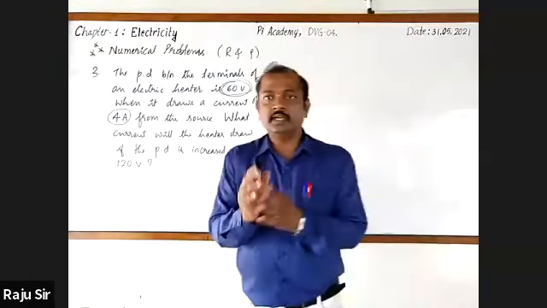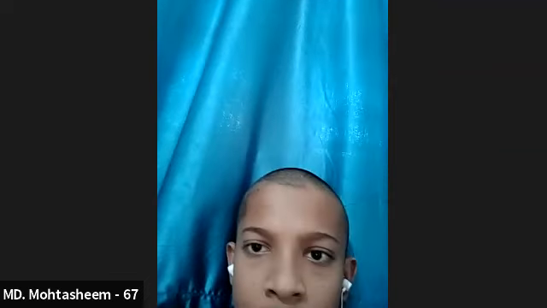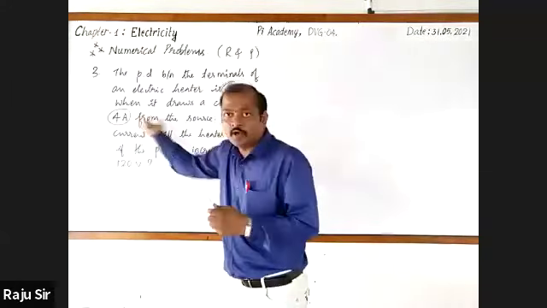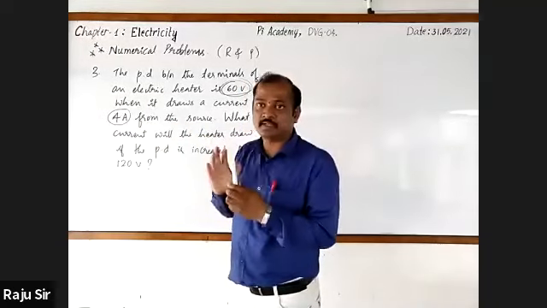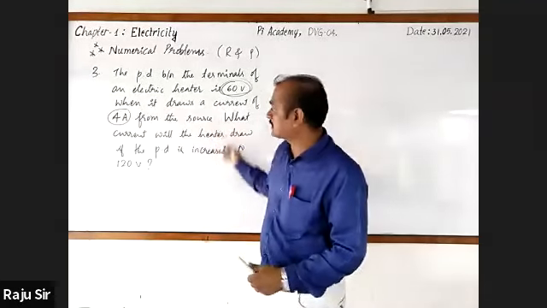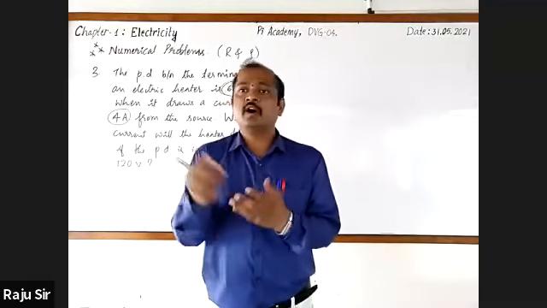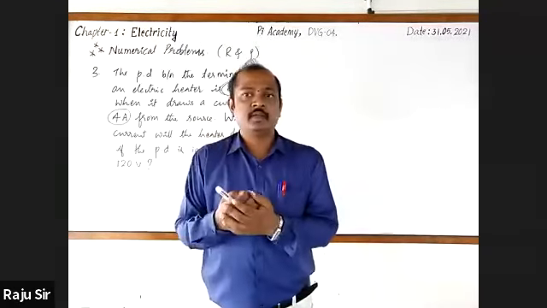When the electric heater is connected in the potential difference of 60 volt, it draws 4 amps of electric current. I is equal to 4. The same electric heater is connected in 120 volts potential difference. How much current will it draw? 8 amps.